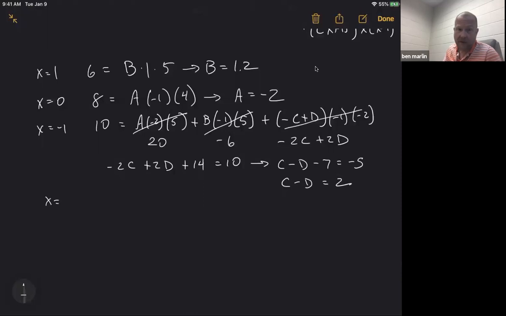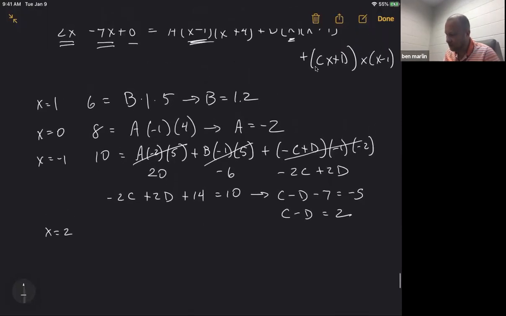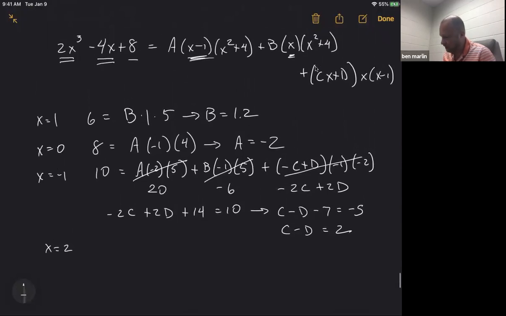So for our last choice here, I'm going to choose x equals positive 2. If you wanted to choose some other value, have a field day, but I don't want to have to do the awful arithmetic. So for x equals positive 2, I would have 2 times 8 is 16.